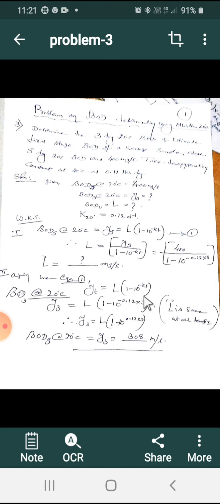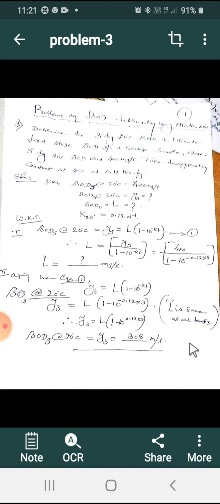In the question paper they are asking Y3. L we know and all remaining values we know. So the answer is Y3 at 20 degrees centigrade is equal to 308 milligrams per liter.